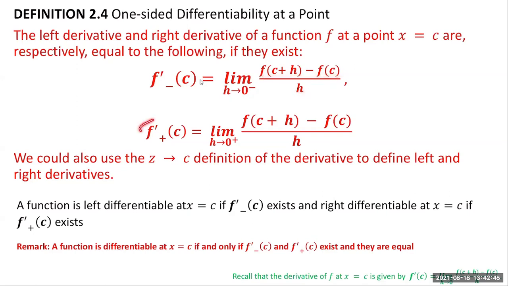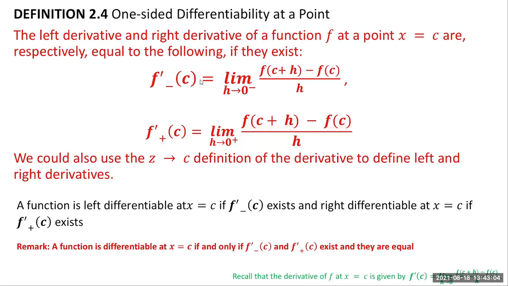And here is the definition of the right derivative at x equals c. You put a plus sign to indicate the right derivative. f prime plus of c is equal to the limit, this time as h approaches 0 from the right-hand side, of f of c plus h minus f of c divided by h.